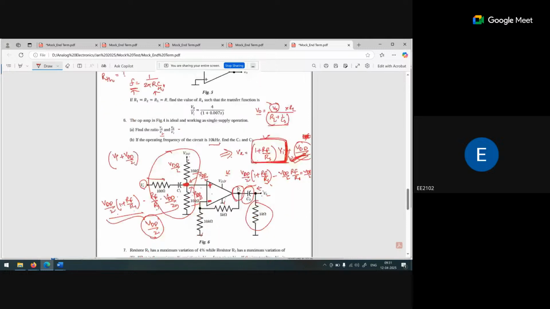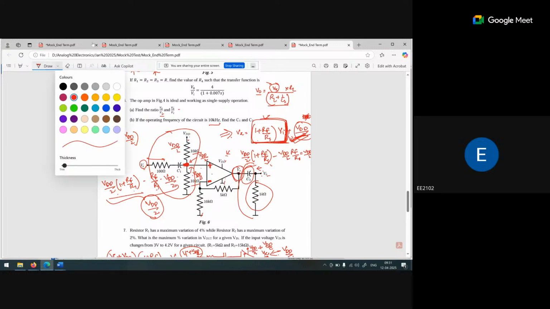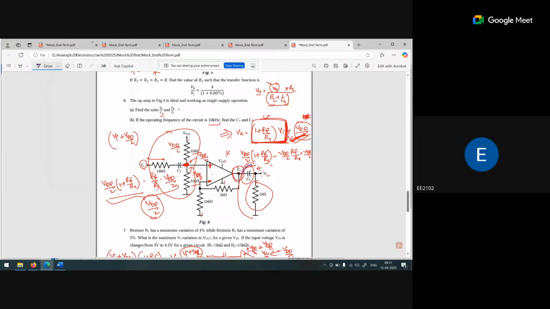Now on the output side, for the C2, you have to use this circuit. Again calculate the RTH.